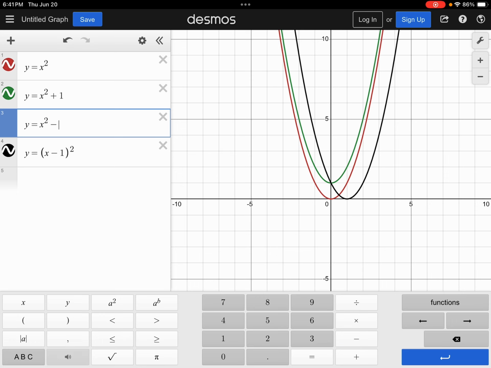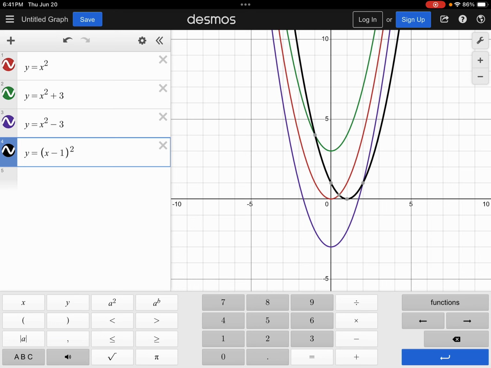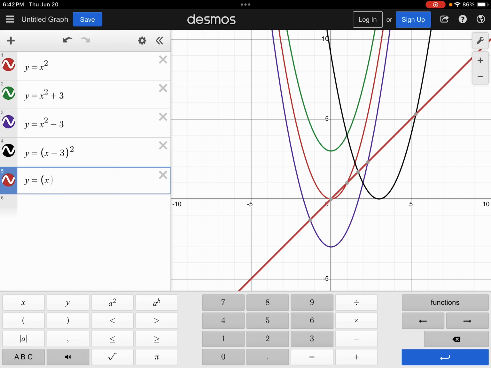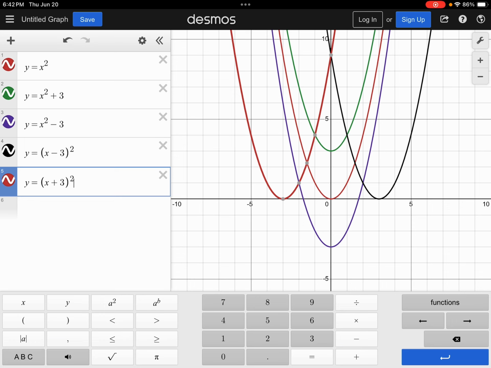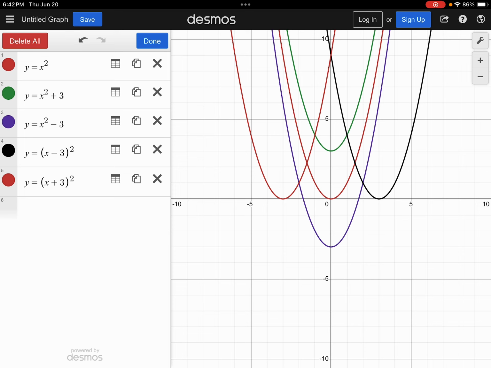But let's change all of these, so like 3, so it isn't as confusing to look at. Now to move to the left, we just add 3 this time in the parentheses. So y equals, open parentheses, x plus 3, close parentheses, squared.